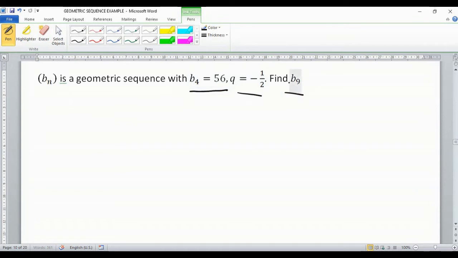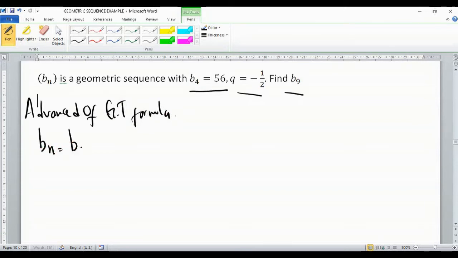But we already learned about the advanced general term formula. So from here, we got the formula Bn is equal to Bp times k to the power n minus p. So this one, they have a rule, everyone. What is the rule? The rule is p less than n, or we can say n is greater than p.